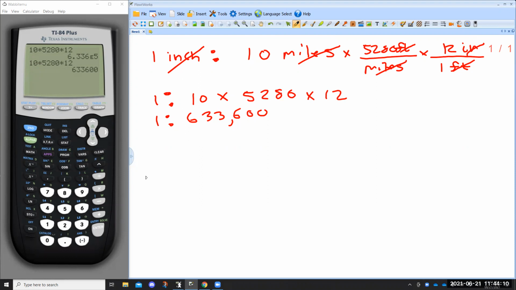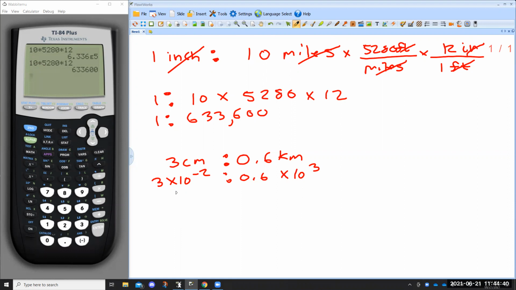Okay, so now let's find the scale ratio if 3 centimeters on the map represents 0.6 of a kilometer on the ground. So again, let's change everything to meters, right?